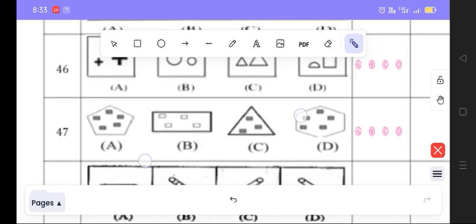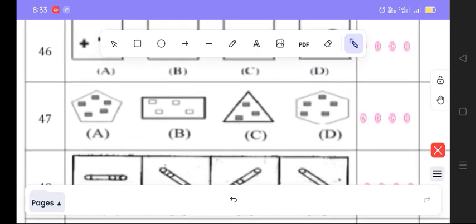Come to question number 47. In question number 47, A, you observe pentagon, inside 5 small rectangles are there. Rectangle, 4 sides, 4 small rectangles. Triangle, 3 sides, 3 small rectangles.